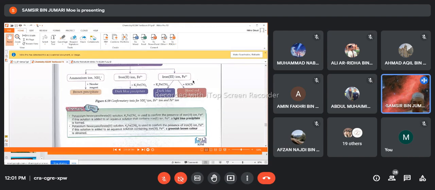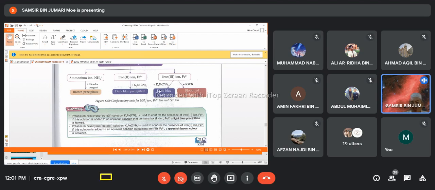Kalau kita nak boleh gunakan mana-mana salah satu bahan uji itu. Yang senang tadi kita guna sodium hydroxide, ammonia aqueous. Kalau kita nak gunakan potassium thiocyanate, ini kita boleh gunakan untuk menguji juga kehadiran iron 3 ion. Okay, kita akan menunjukkan blood red coloration, pewarna merah darah.